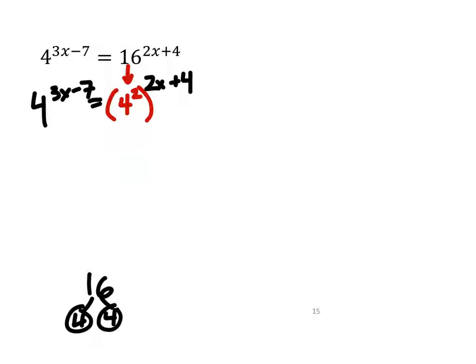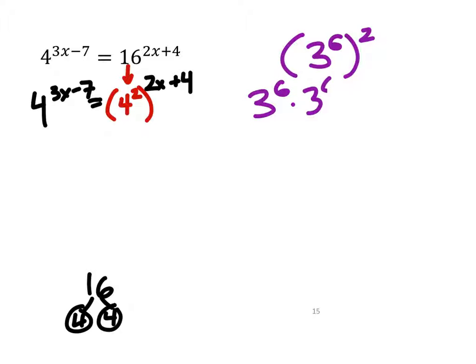So this goes back to exponent operations. That red 2, how is it related to the black 2x plus 4? Let's look back. You guys remember this? 3 to the power of 6 to the power of, I don't know, 2. You guys remember what we did with the exponents? Let's look. Right, you could have 3 to the power of 6 times 3 to the power of 6, which gives us how many 3's? 12 of them, right?